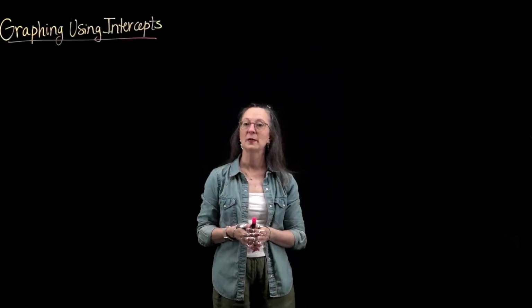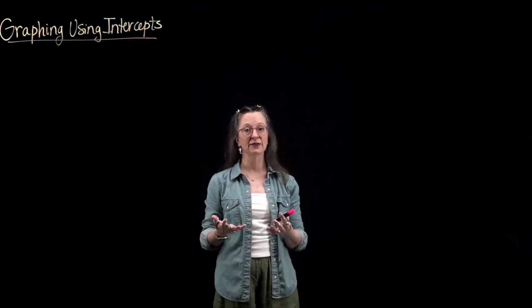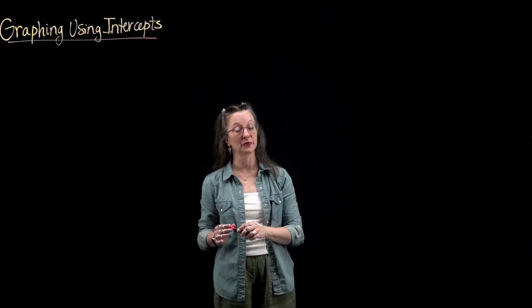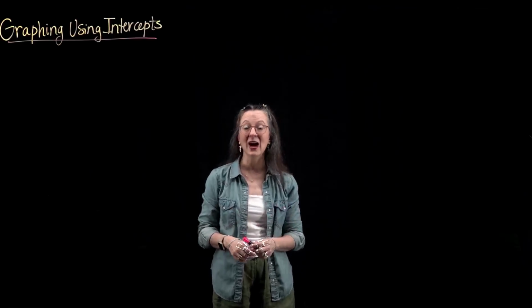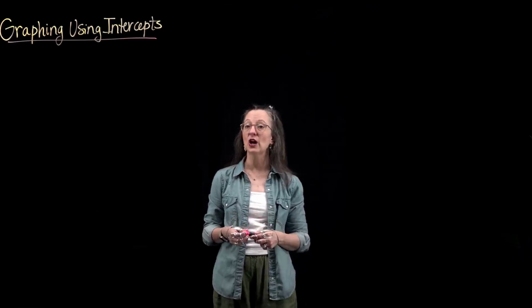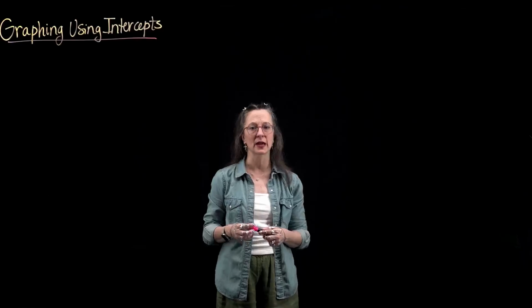Friends, today I want to talk about a different way to graph. In another video we talked about graphing using slope-intercept form, and in another video we talked about graphing using plotting points. Today we're going to talk about graphing using intercepts.